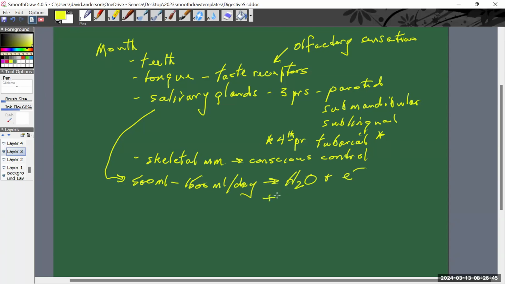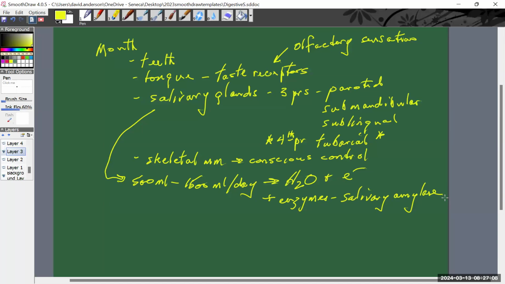And we've got also some enzymes. So there's an enzyme category that's called salivary amylase. And if you see that word amylase, ASE tells you it's an enzyme, so we're okay with that. And the amylo part tells us it's going to target carbohydrates.